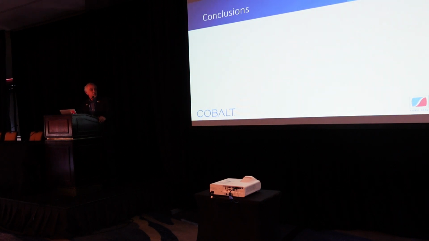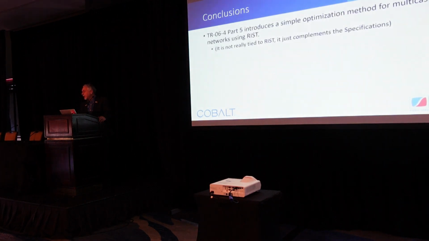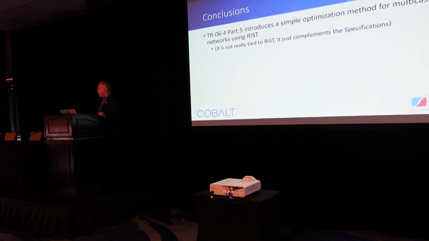All right, this was a short talk. I'm going to give Brad a chance of getting ahead on schedule, but let me talk about my conclusions here. Part 5 introduces a simple optimization method for multicast networks using RIST. It's really not tied to RIST.